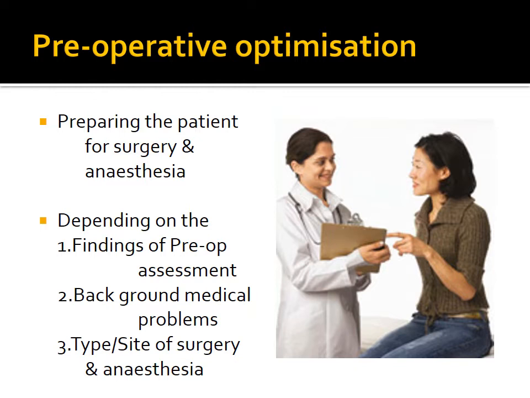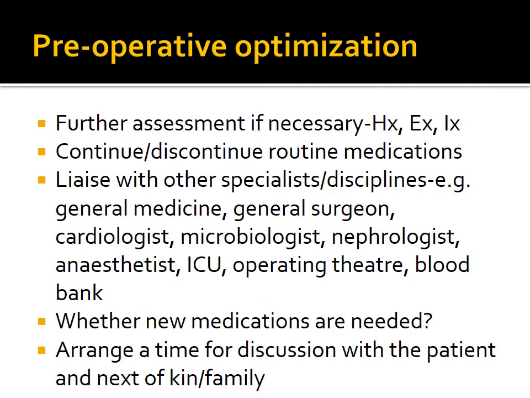What background medical problems, what comorbidities has the patient got, and what type of surgery, where in which part of the body is this surgery going to happen, and what type of anesthetics are we going to use, whether this is a general anesthesia, a regional anesthesia, or local anesthesia. And so the rest is going to depend on these things.